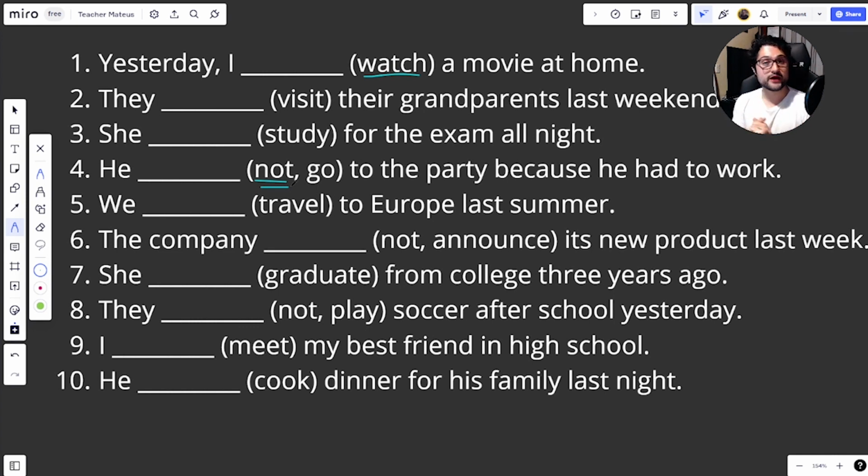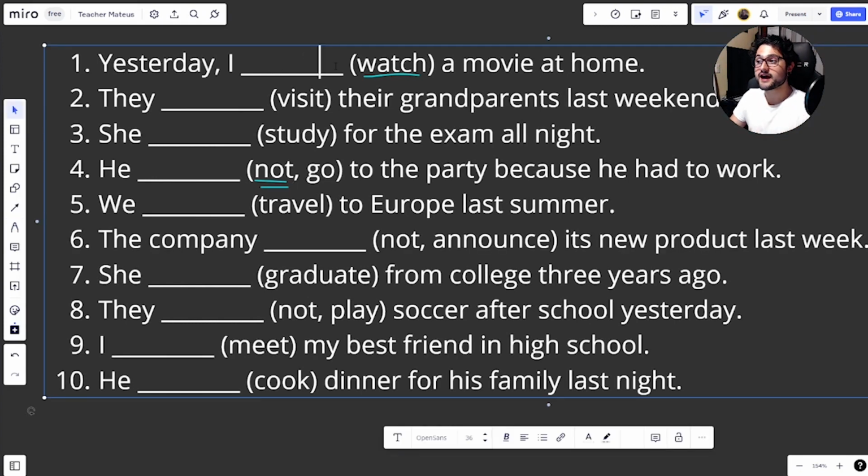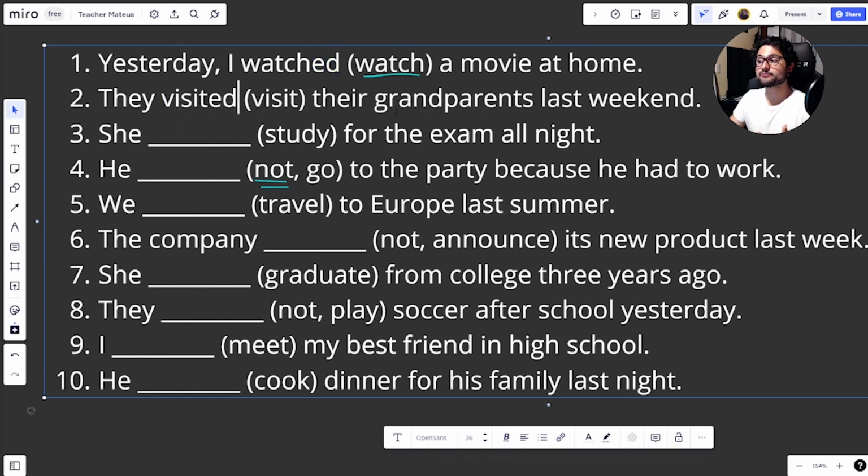Okay, I hope you have completed the exercise. If you haven't, pause the video and do it. And now let's do this exercise together, and then you can check your answers. Yesterday, I watched a movie at home. Regular verb. They visited their grandparents last weekend.